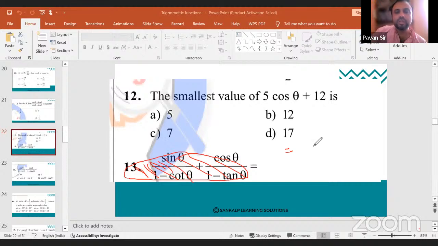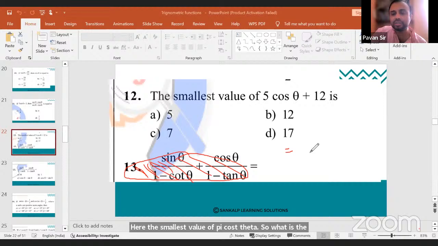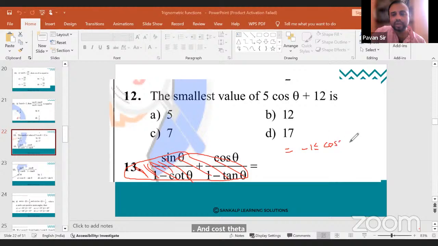So here, the smallest value of 5 cos theta. What is the range of cos theta? It is greater than or equal to -1 and less than or equal to +1. Cos theta lies between -1 and +1.